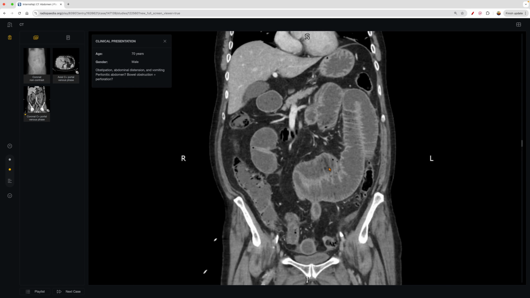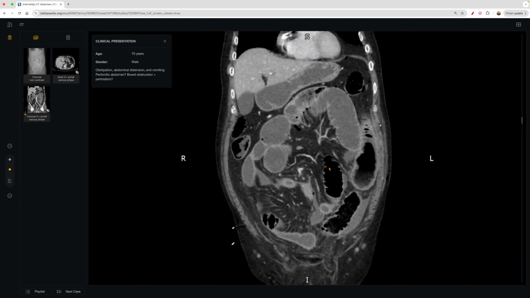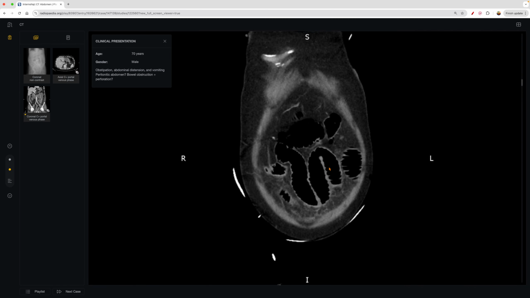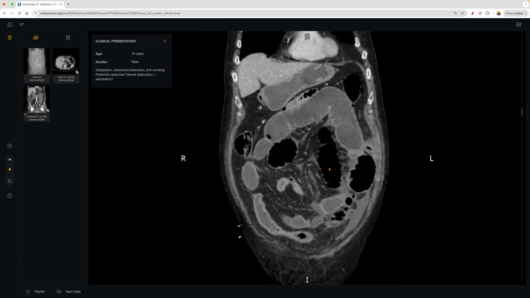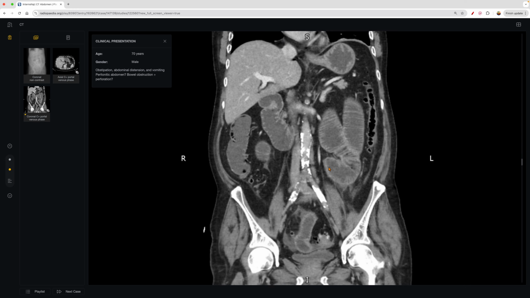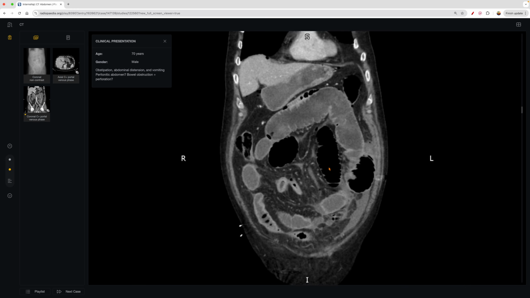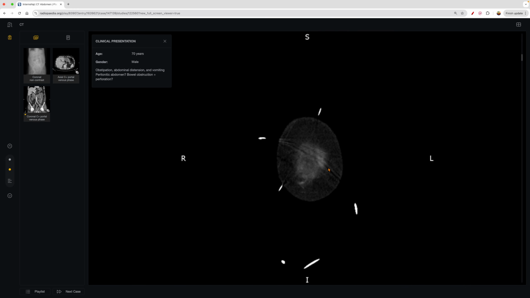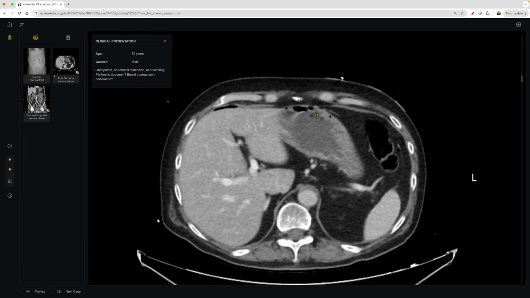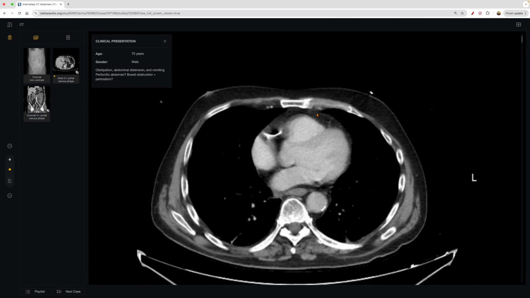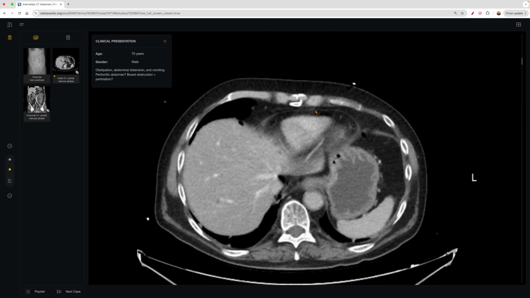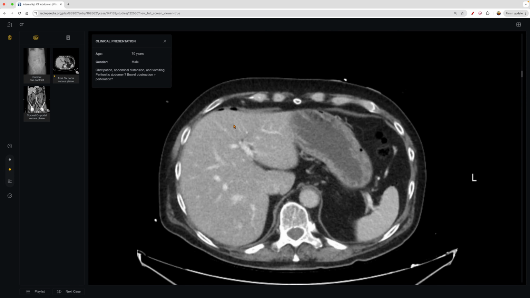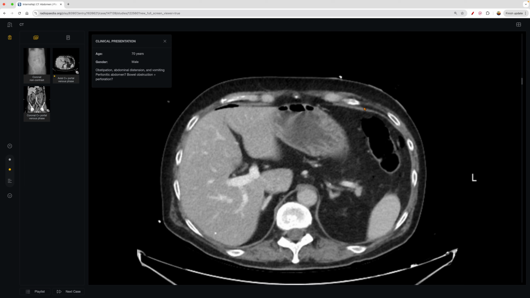And so from a coronal perspective, you can see all the bowel, and certainly it looks like there's a lot going on. But nonetheless, you don't really see anything maybe crazy in terms of free air, right? So the coronal view is certainly not a good view for free air. And so if you go superior and then now we're going inferiorly, the way to appreciate free air is you'll see it rise to the anterior aspect of the abdomen.